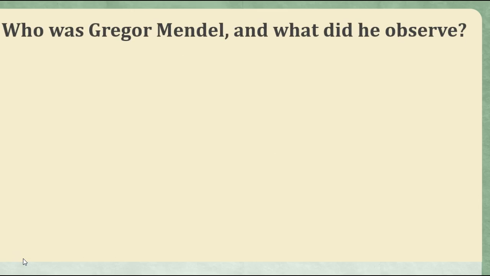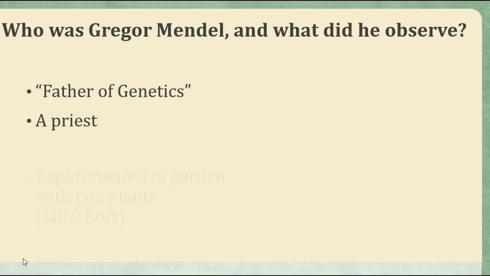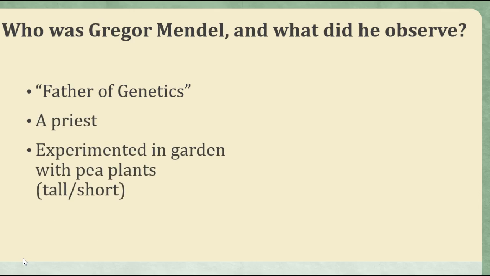So who is Gregor Mendel and what did he observe? Well, Gregor Mendel is considered the father of genetics. He was a priest and he studied and experimented in his garden with pea plants.